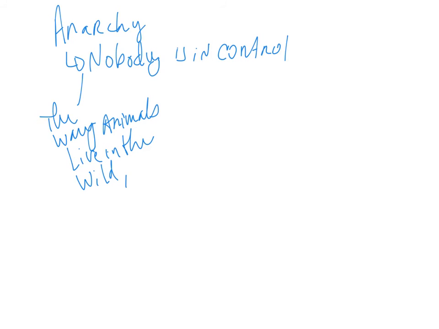Think about the idea of only the strong survive. That is the idea of anarchy. It would be similar to the ways animals live in the wild, with everyone looking out for themselves. Today, people who call themselves anarchists usually believe that people should be allowed to freely associate together without being subject to any nation or government.